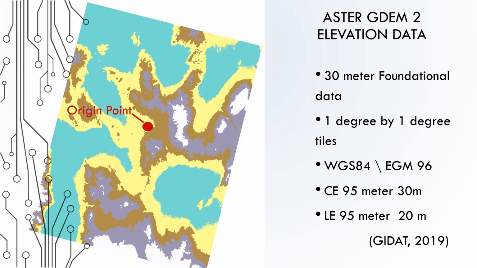Consequently, METI, the Japanese Space Agency, and NASA, the American Space Agency, acknowledge that version 1 of the Aster GDEM should be viewed as experimental or research grade. That is why in this project I used the Aster GDEM 2. So what that means is it has void fill and it is cut down into 1 degree by 1 degree tiles and is not considered research or experimental.